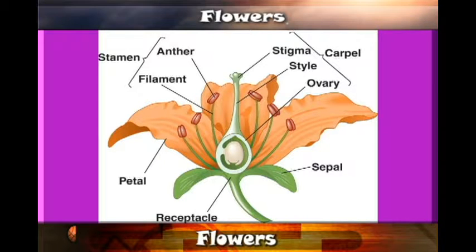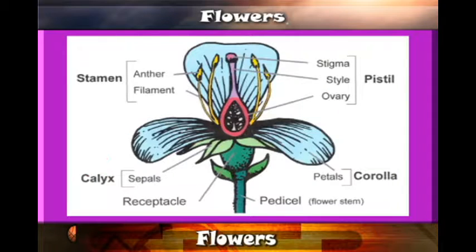Now, after seeing the general structure, the flower consists of the calyx, which we have said are sepals. It consists of the corolla, which consists of the petals. It consists of the androecium, that is the stamen, which includes the filaments and anthers.